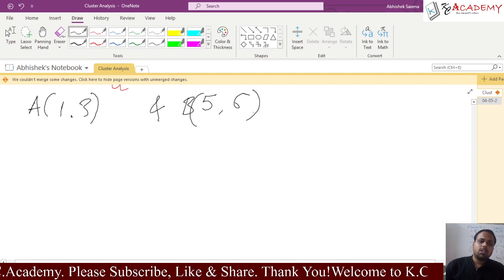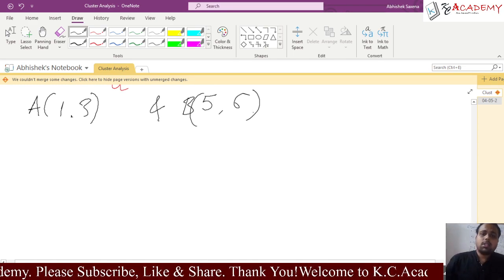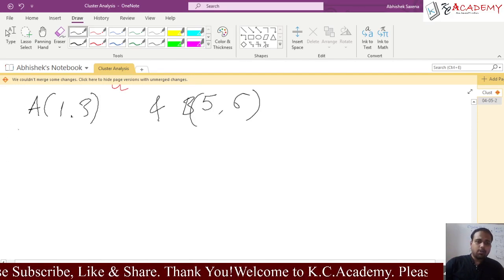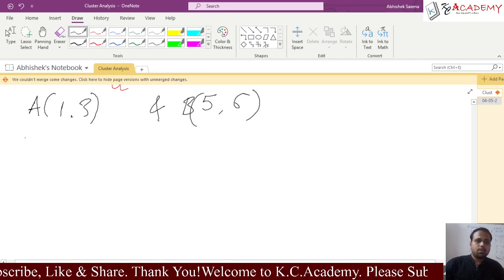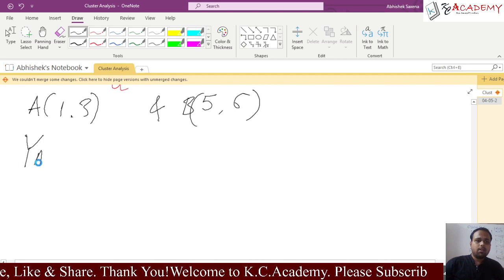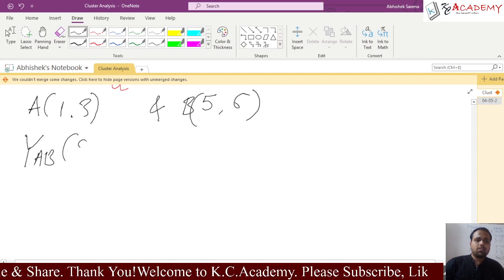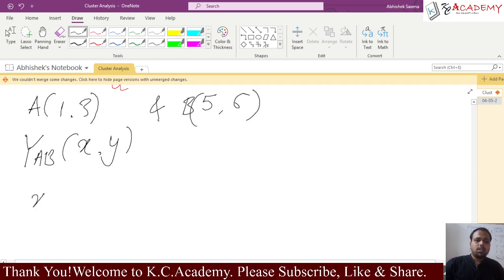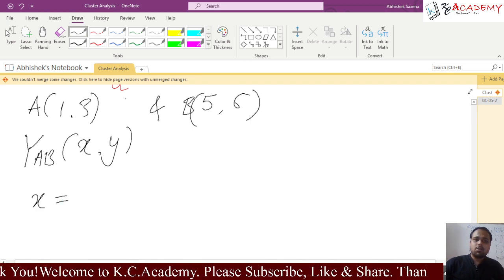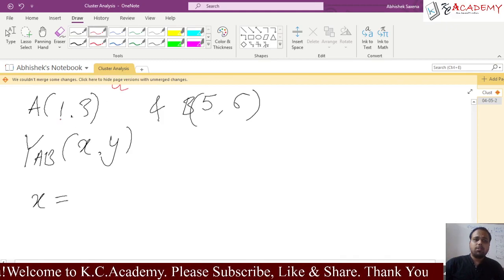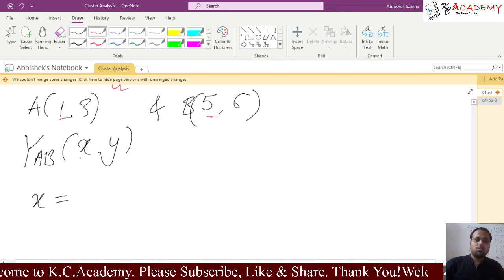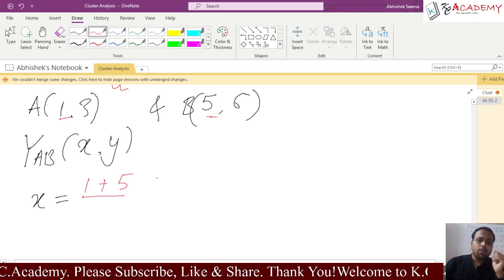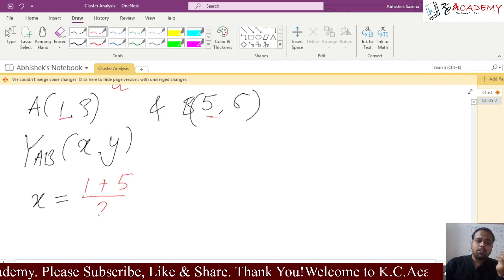Now how will we find the centroid? So again, the centroid of YAB will be some point xy. So x is equal to the summation, which means you add the x values, that is 1 and 5. So 1 plus 5, and divide by the number of points we have taken. There are 2 points, that's why we divide by 2.